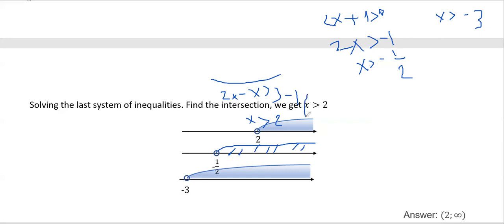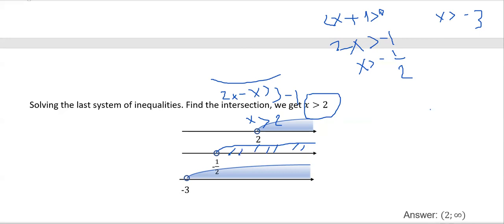It is equal to this inequality. So the solution of the given logarithmic inequality is this interval from 2 to positive infinity.